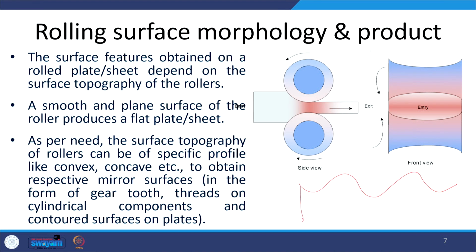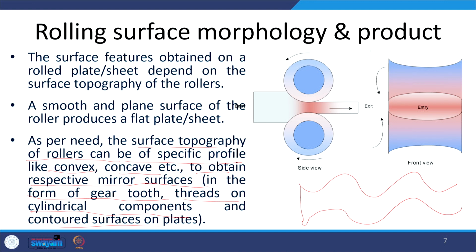If you want this kind of surface morphology, then accordingly we have to use a roller morphology which is the mirror image of the shape to be produced. So, as per the need, the surface topography of the roller can be of a specific profile, concave or convex, to obtain the respective mirror surface in the form of a gear tooth, threads, cylindrical components or contoured surfaces on the plates or ingots which are being processed.